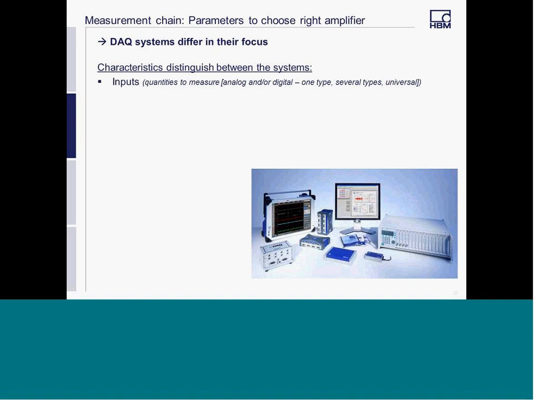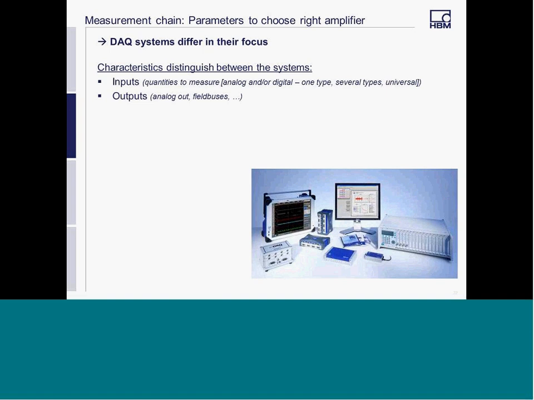Do you only measure strain gauges, or do you want to also measure temperatures, voltages, and so on? And is it fixed, or do you need a universal amplifier so that one amplifier can measure a lot of quantities on all channels? That means it's really universal and you are flexible. So you have to ask these questions, then it's much easier to find the right amplifier.